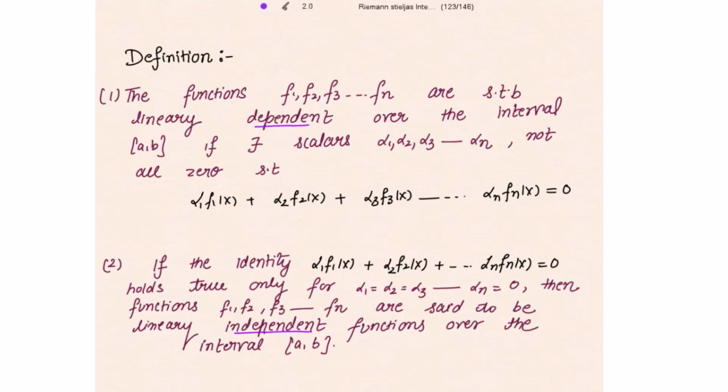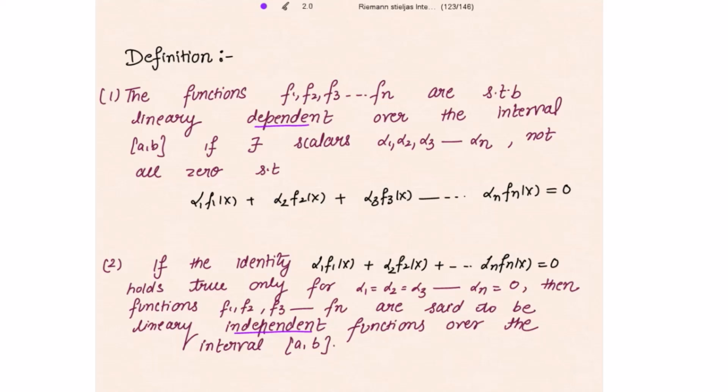On the other hand, if the identity alpha1 f1(x) plus alpha2 f2(x) up to alpha n fn(x) equal to 0 holds true only for alpha1 equal to alpha2 equal to alpha3 up to alpha n equal to 0, which means all the scalars are 0, then the functions are said to be linearly independent over the closed interval [a, b].